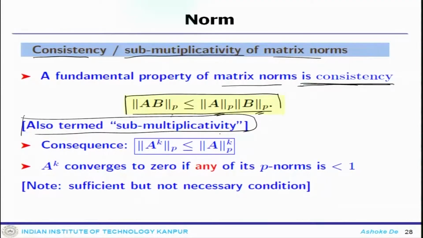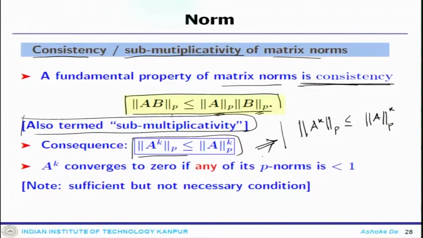The consequence of that is that the P norm of A^k is less than or equal to the P norm of A, to the power k. So, that is what you get.